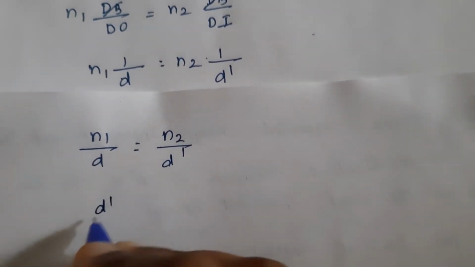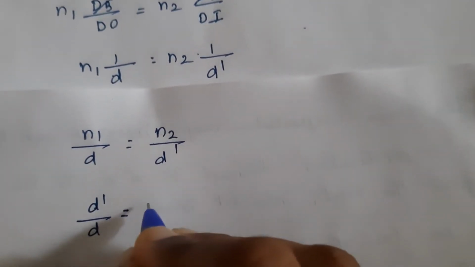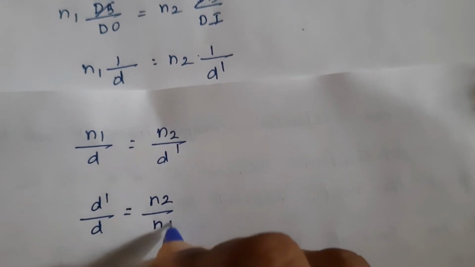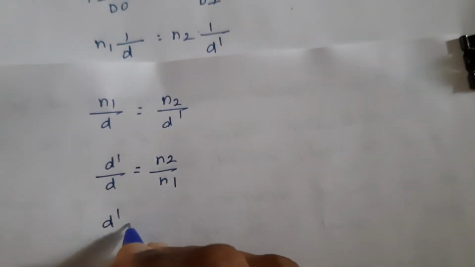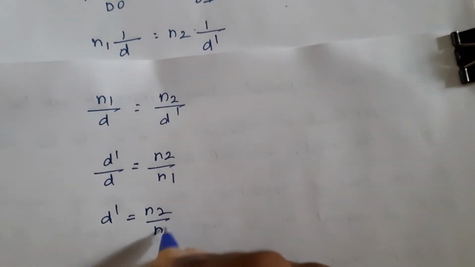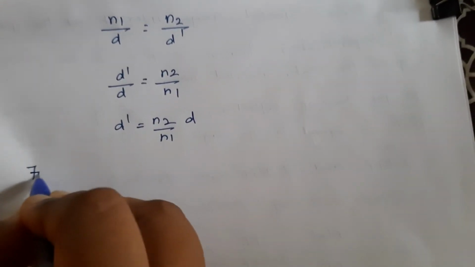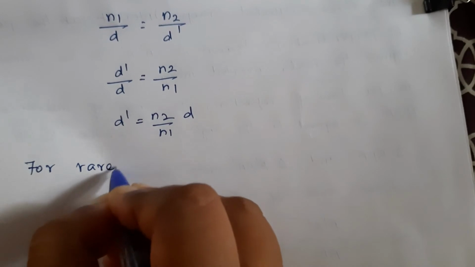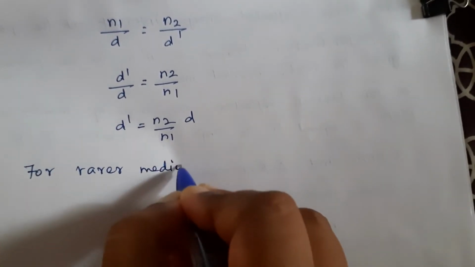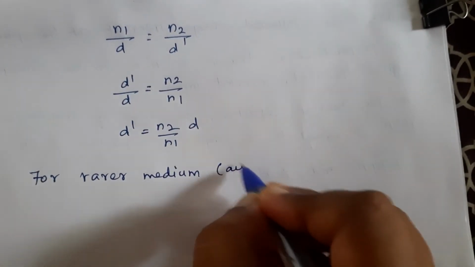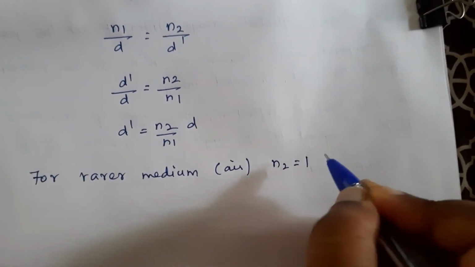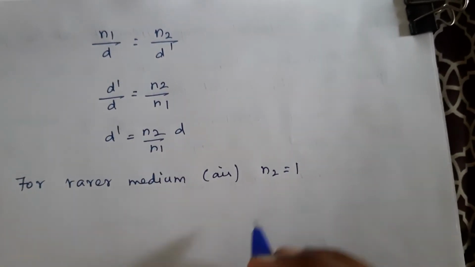So we can write d dash by d is equal to N2 by N1. So what is d dash? D dash is equal to N2 by N1 into d. Now for the rarer medium we are taking air, so N2 is equal to 1.